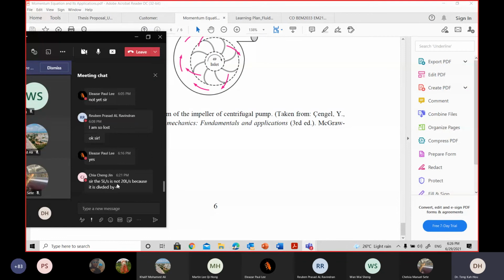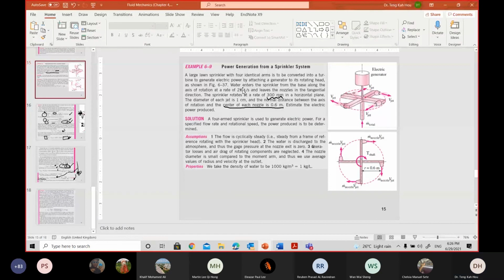Five liters per second is not 20 liters. Yep, because it's given 20. Am I right? It's given 20 liters per second. That's why you're going to divide by 4. That's why each of these is going to contribute 5 liters per second.